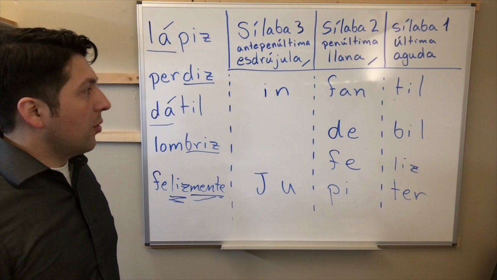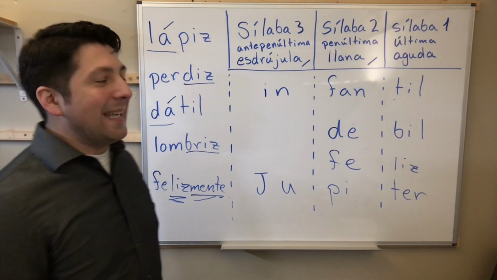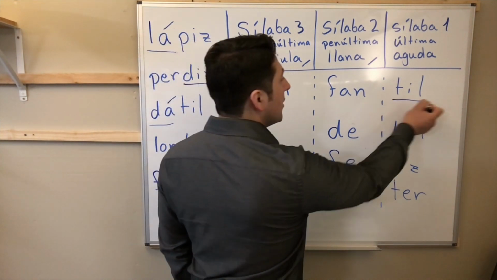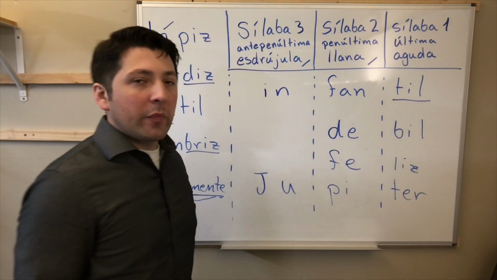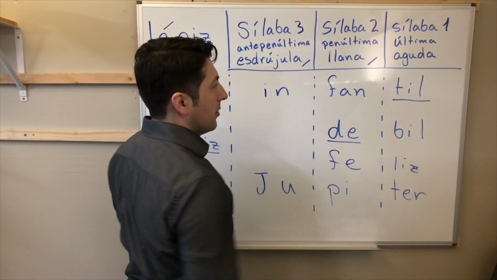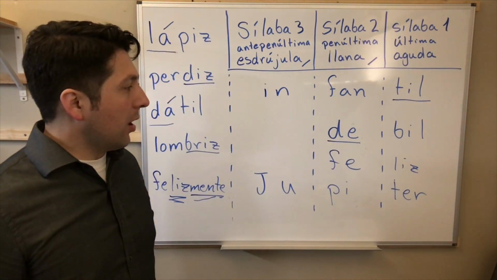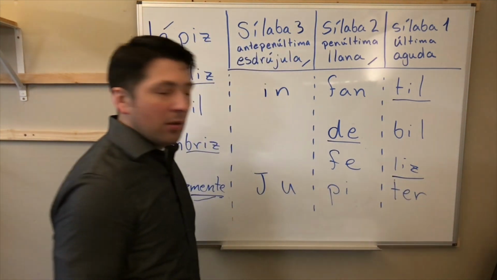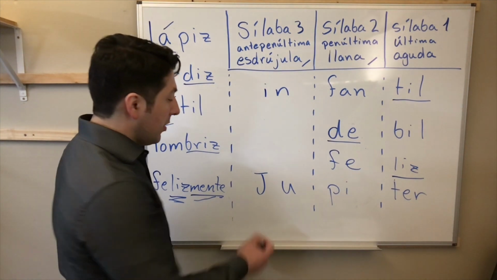Now we're looking at the spelling. So if we look at infantil, right? Infantil, stress is at the end. If we look at débil, so infantile, weak, feliz, happy, and Júpiter, Jupiter.